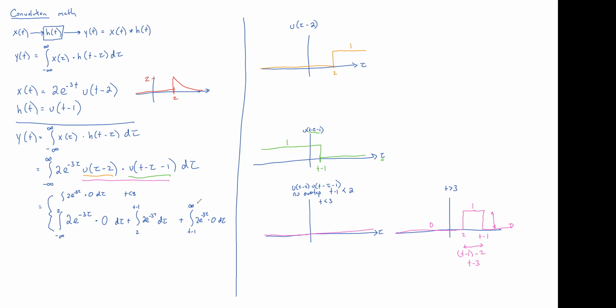So that picks up all the parts. But we know that the integral of anything times 0 is just 0. And so now we've got something much simpler.